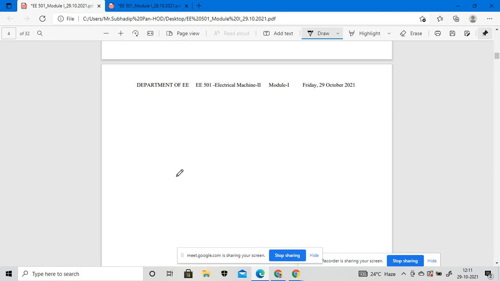As we are considering the supply voltage to be AC, it should be a sinusoidal plot. So if I draw like this, this is V, and we consider E induced on this axis, and theta on this axis.